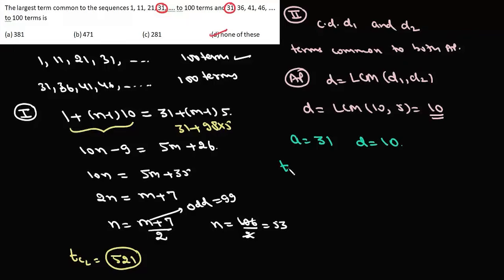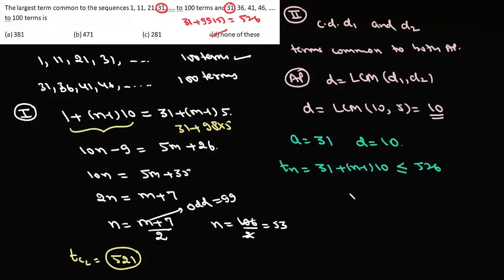Now if we write its general term, Tn will be 31 plus (n minus 1) into 10, and this Tn must be less than or equal to the minimum of the highest terms of both the series. Now in this, the last term of the second series will be less than the last term of the first series. So the last term of the second series is 31 plus 99 into 5, and it will be 526. So it should be less than or equal to 526.